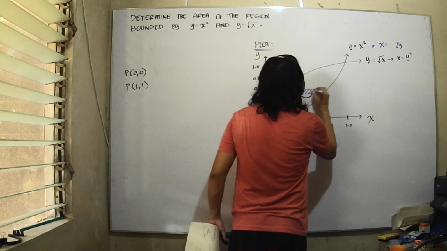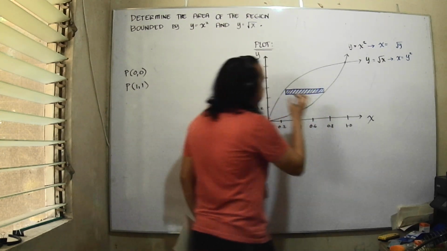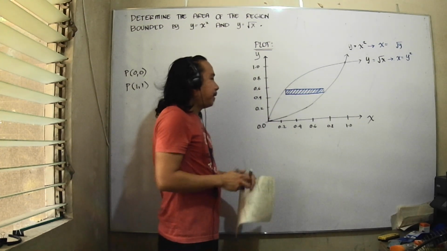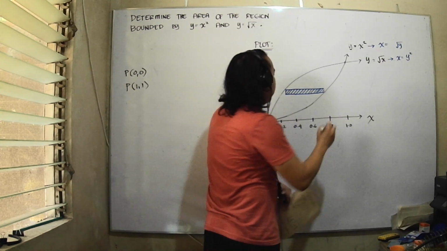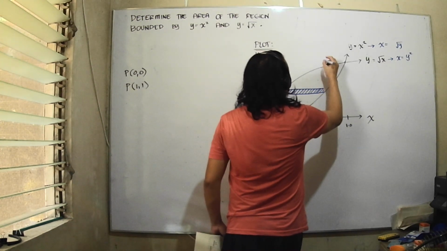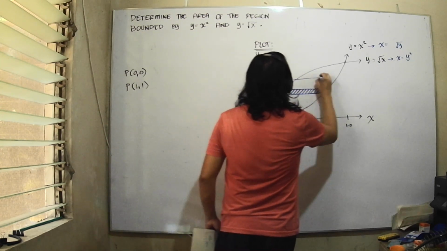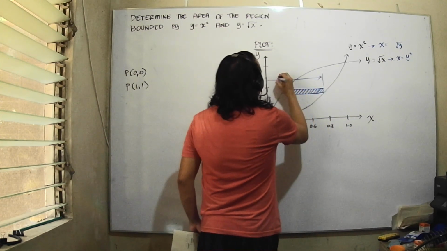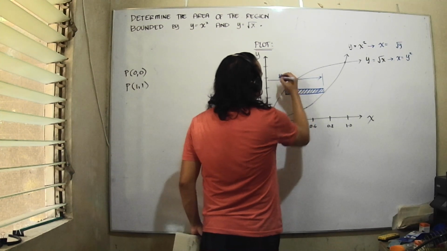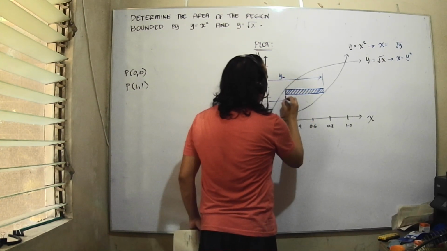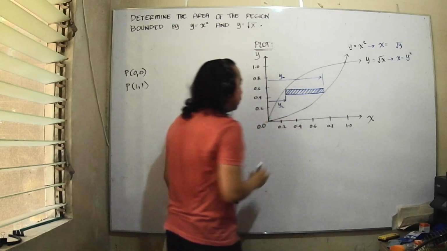It looks like this. From here going to this axis, that is the y upper, okay? And this is the y lower.